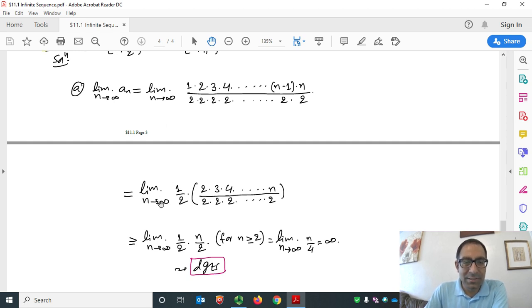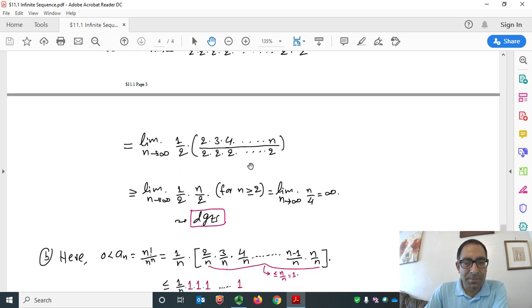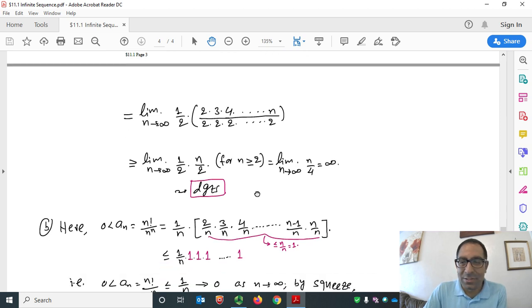So copy the limit as it is, copy the 1/2 as it is, and then the inside of the parenthesis I just copy down here. And the next step, limit as it is, 1/2 as it is. So this number is bigger than n/2. I hope this makes sense to you all. Then the next step, take the limit as n goes to infinity of n/4, which goes to infinity. That means the sequence diverges. Awesome. Let's do example B.